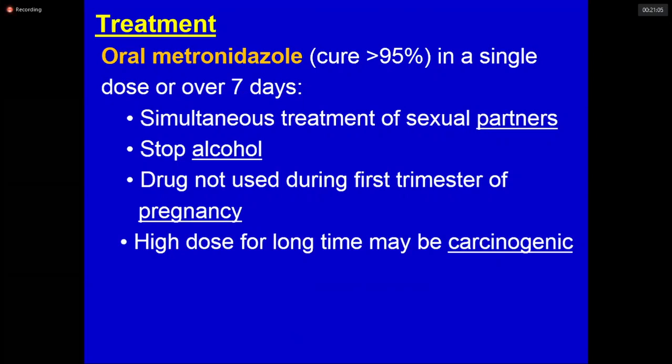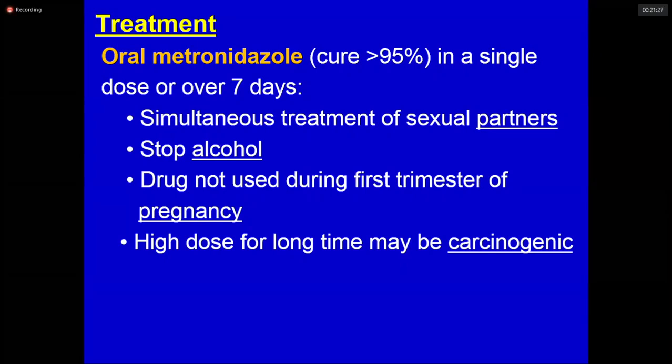Treatment: oral metronidazole. The cure rate is above 95% in a single dose. Or you can use it over 7 days if the patient cannot withstand a high single dose.